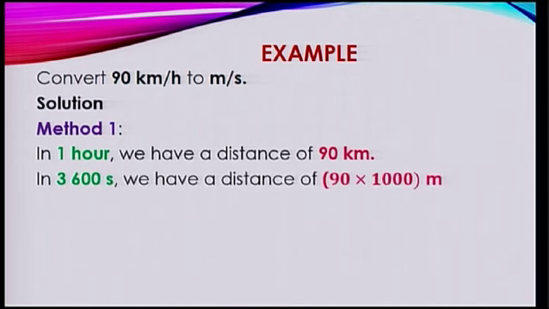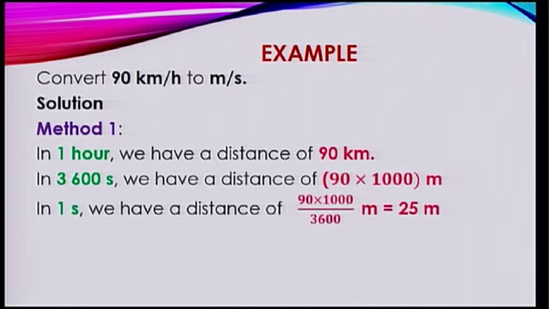But in 1 hour, you have 3,600 seconds. So in 3,600 seconds, we have a distance of 90 times 1,000 meters. Now, in 1 second, what do we do? You just need to divide it.